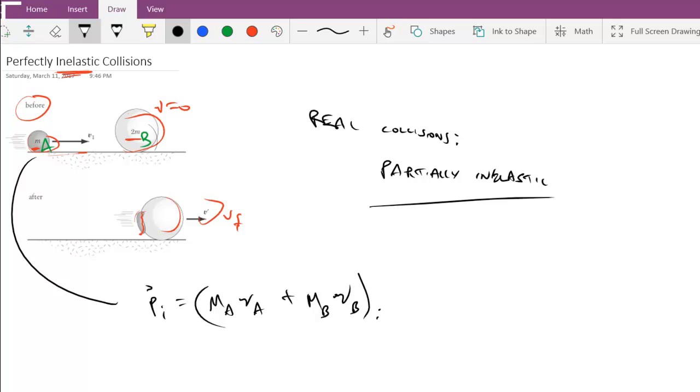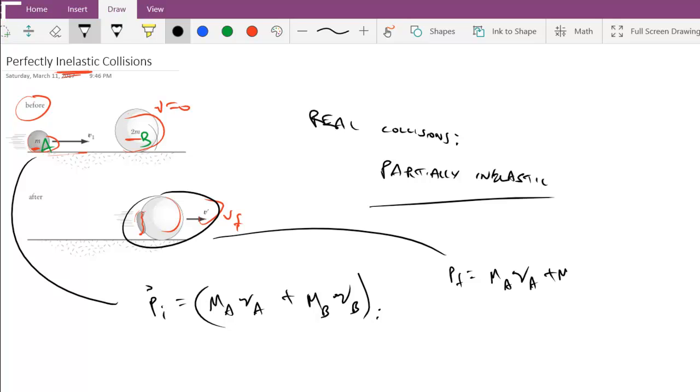And the final momentum is this here. The final momentum is going to be equal to mass of A, velocity of A, plus mass of B, velocity of B, in the final condition.